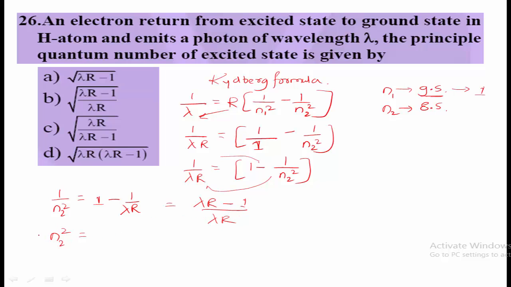Then n2 square, taking the reciprocal, becomes lambda R divided by lambda R minus 1. Therefore n2 is equal to the square root of lambda R divided by lambda R minus 1, because this is the value of n2 square but we want n2.